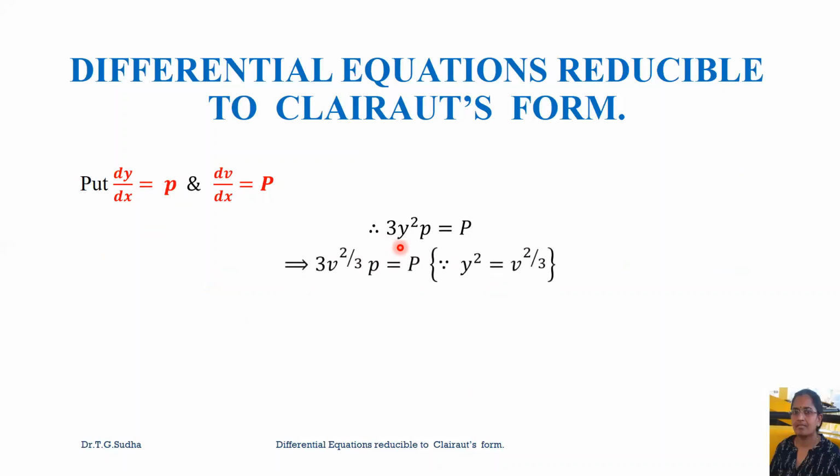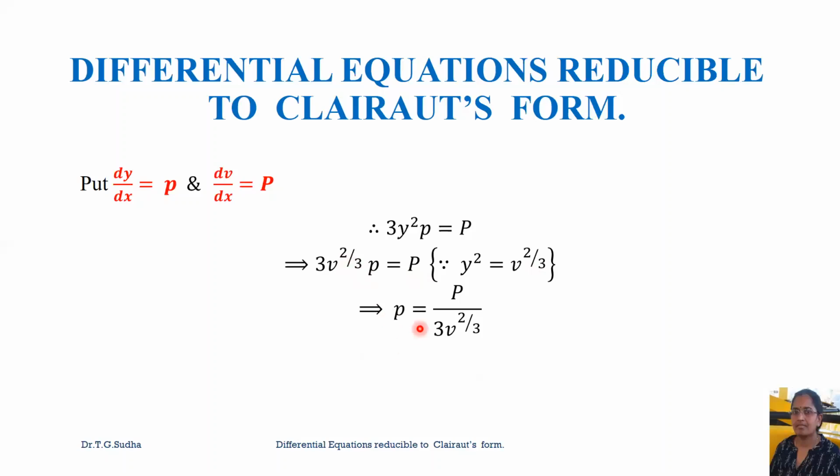Now let us substitute for y square also. Since y cube is equal to v, y will be v to the power of 1 by 3. Therefore, y square becomes v to the power of 2 by 3. So we get 3 into v to the power of 2 by 3 into small p equal to capital P. Now from here we solve for small p because we need to substitute for small p in the given differential equation.